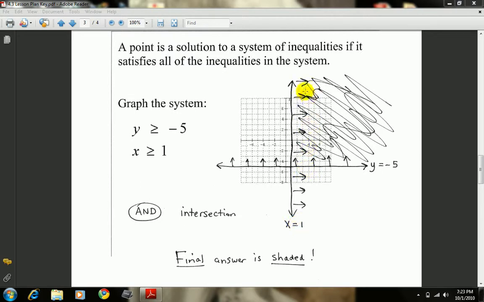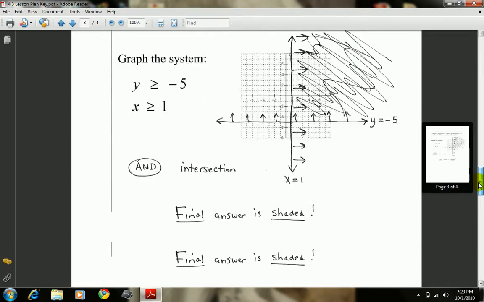And the answer is where all the arrows point, and that would be in this upper right-hand region. So my solution set is everything I have shaded in along with this solid portion of this vertical line and the solid portion of this horizontal line. And that would be my solution set of the system.